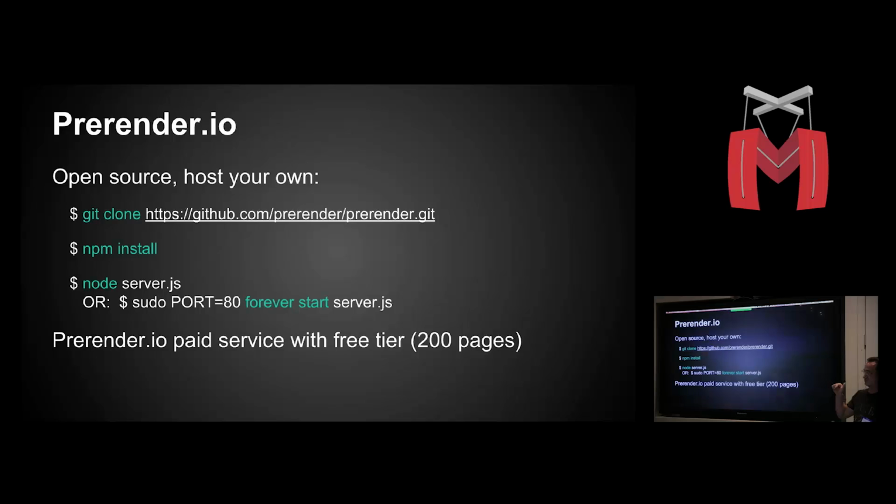They have open sourced their entire project for free. So you would need 3 commands: clone the project, install the project, and run server.js. So if you can type 3 commands, you can self-host your own Prerender server that does all of that JavaScript rendering that we need, but crawlers don't like to do.